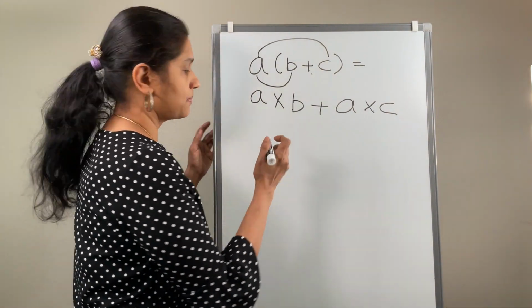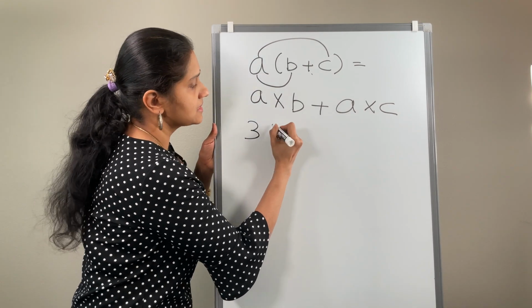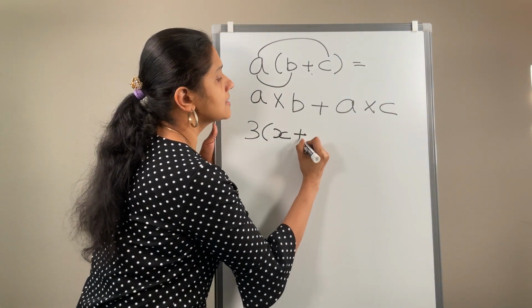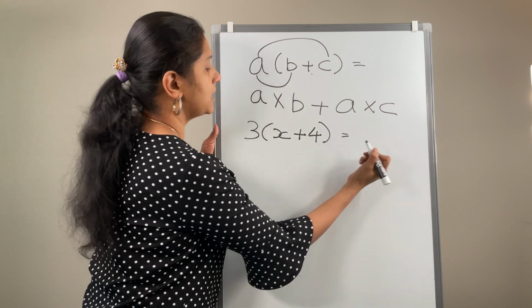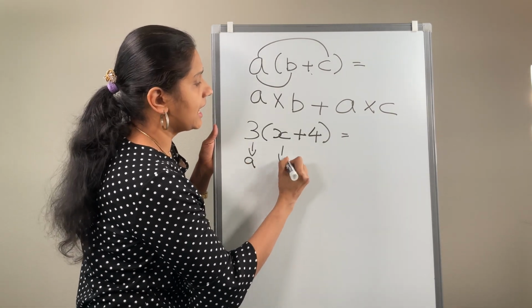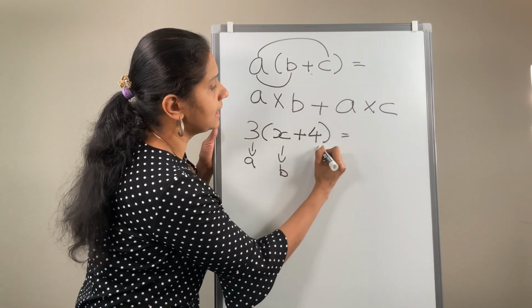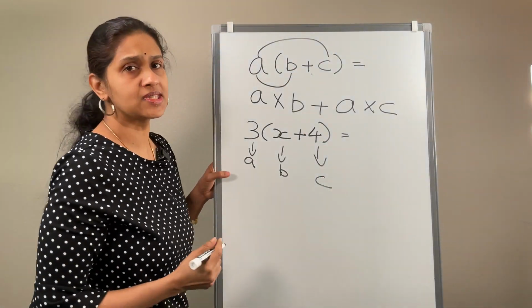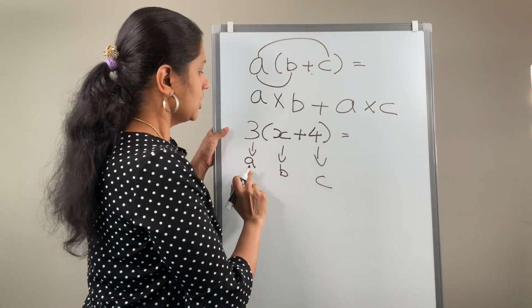Consider another example, 3 times (x plus 4). Here 3 is the variable A, x stands for B, and 4 stands for C. Now let us evaluate this.